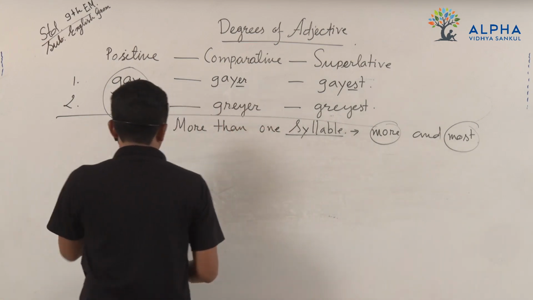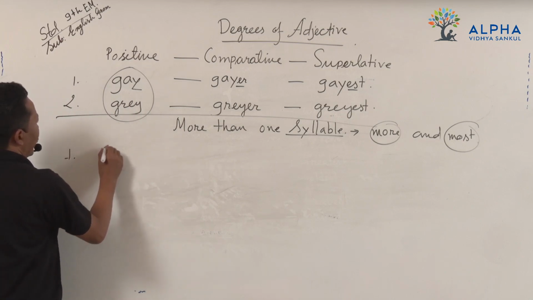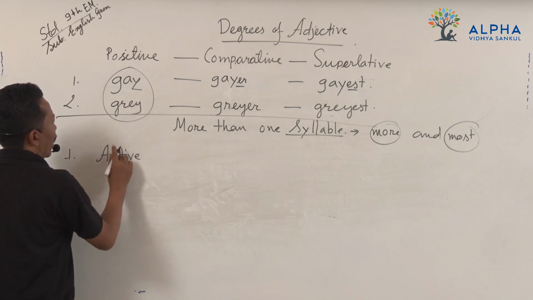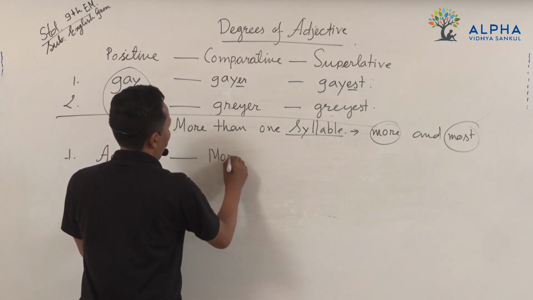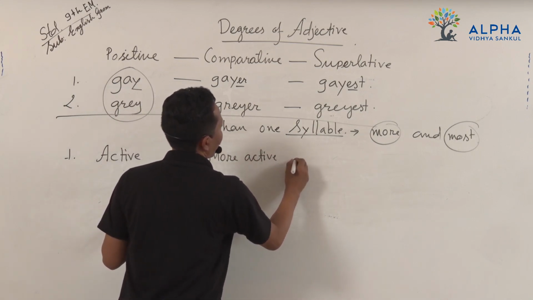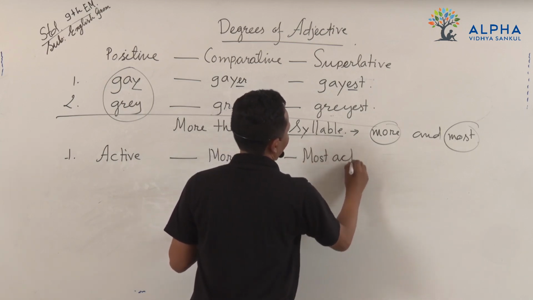Now I will give you an example here. Number one, active. And we have to say here more active. More active. Then most active. Most active.